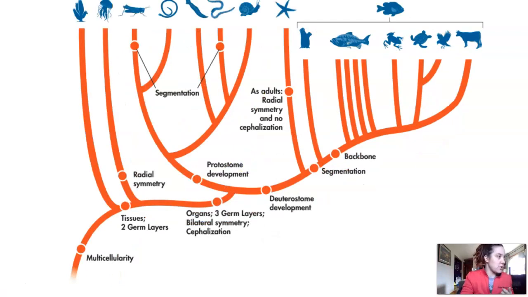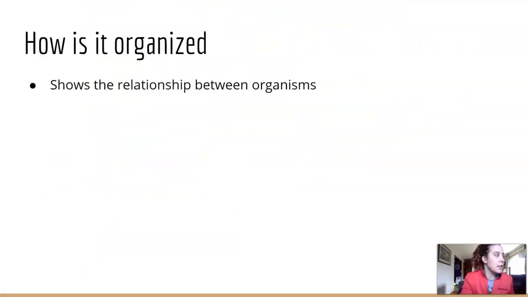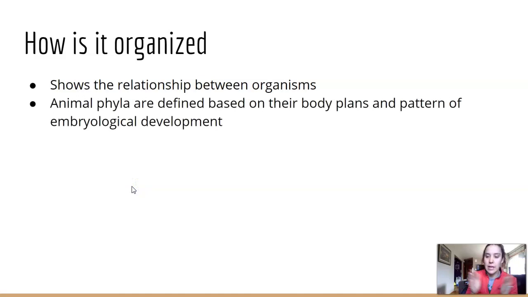So here is just a larger picture of what I had just shown. So how is it organized? A cladogram shows the relationship between organisms. It shows animal phyla. In our case, it's showing the animal phyla based on their body plans and patterns of embryonic development.